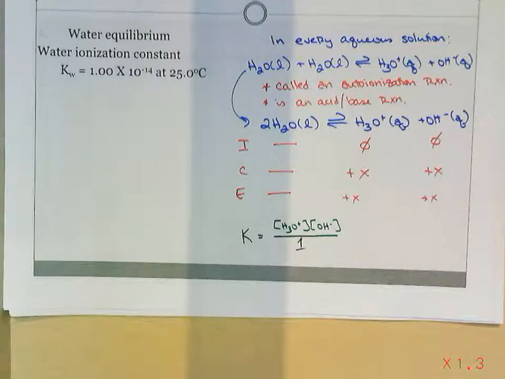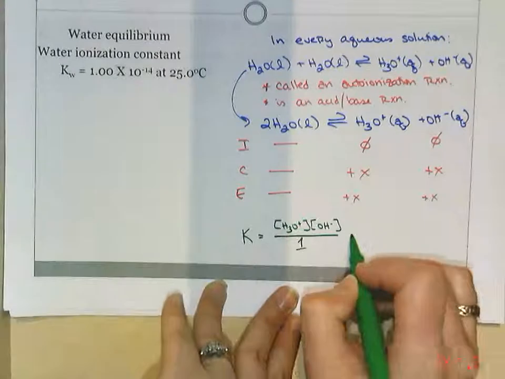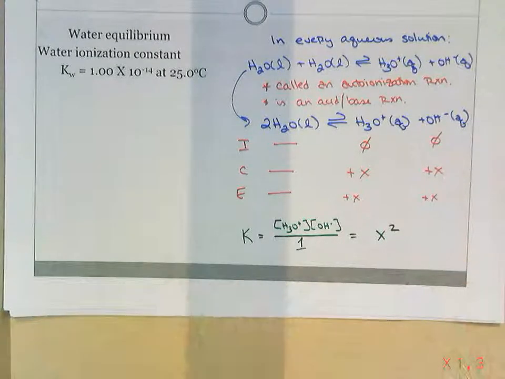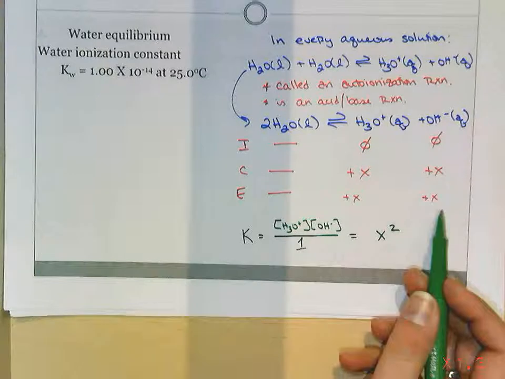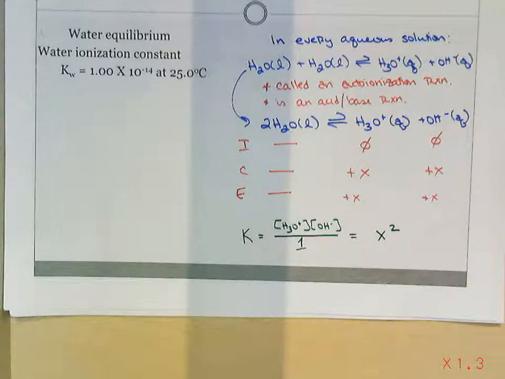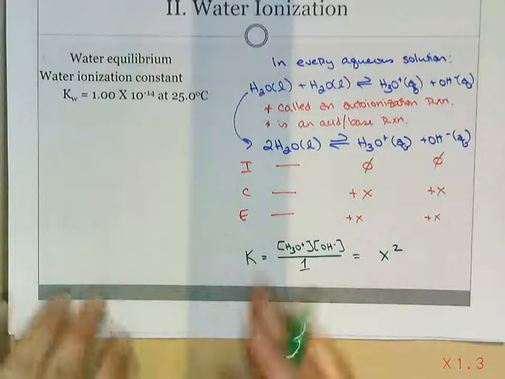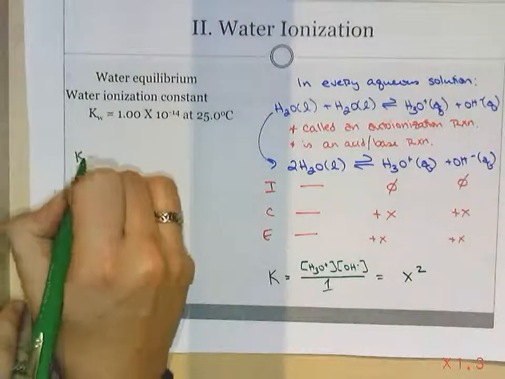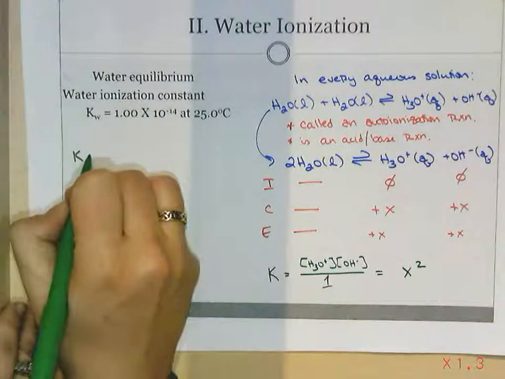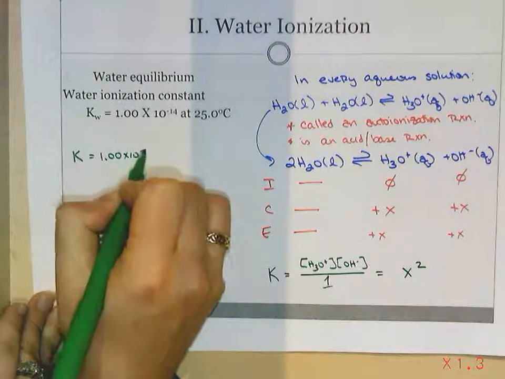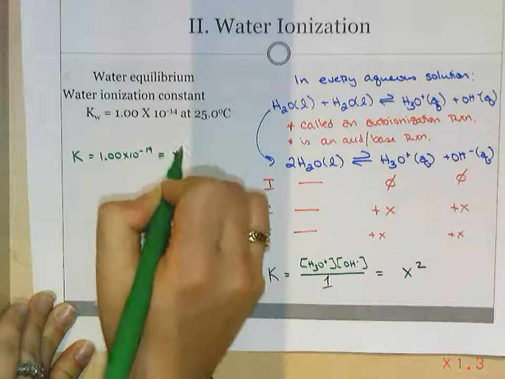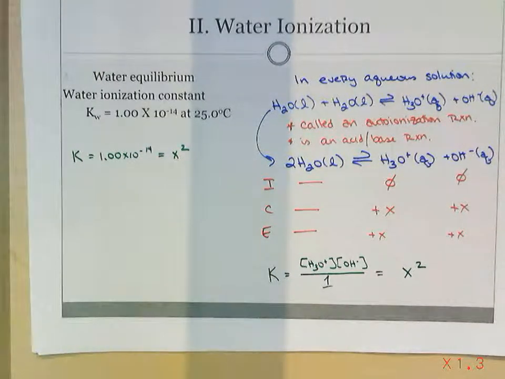All right, and then we solve that, so I know now it's x squared. Using the experimentally determined equilibrium constant for K, experimentally, the equilibrium constant for water is 1 times 10 to the negative 14th at 25 degrees Celsius. How do I get the x by itself?